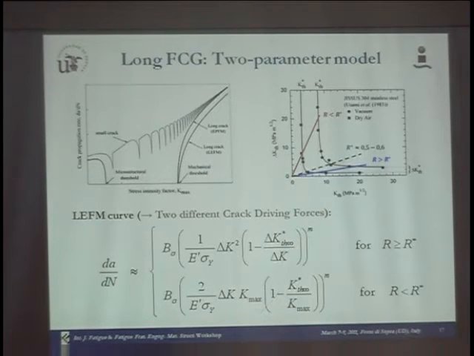I will also make a comment on this, and this is always so when one plots such diagrams. One has to take into account that in vacuum, especially ultra-high vacuum, and in air, the behavior near the threshold is completely different. In air, we always have a sharp drop of the crack growth rate at the threshold at 1 Burgers vector per cycle.